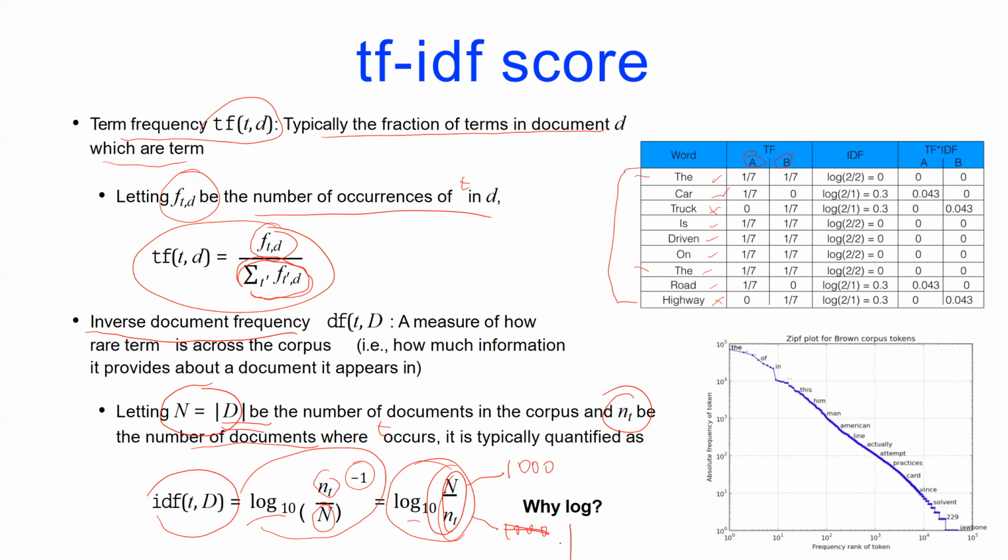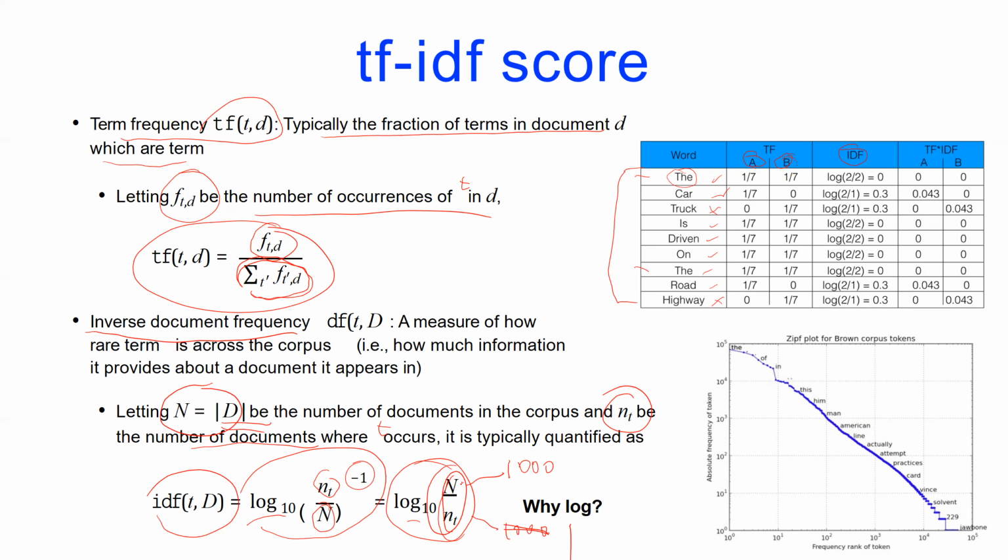Okay, so now let's come back here. Now we are computing the inverse document frequency for each of the terms. The word "the" appeared in document A and document B, so in both documents.